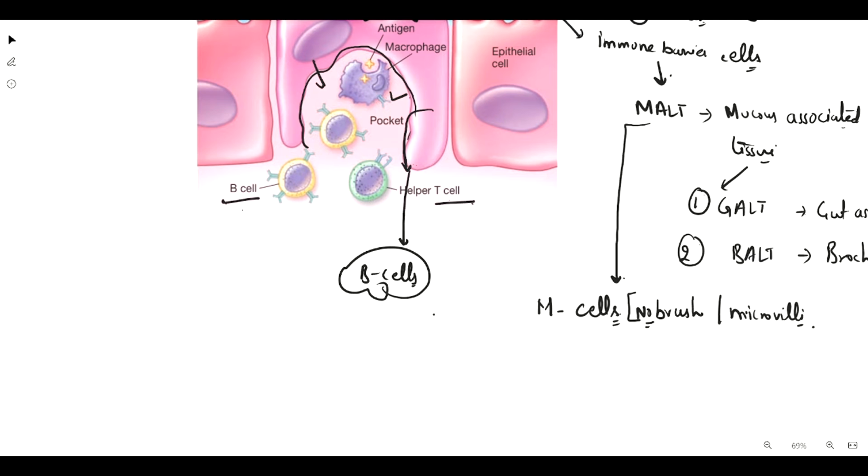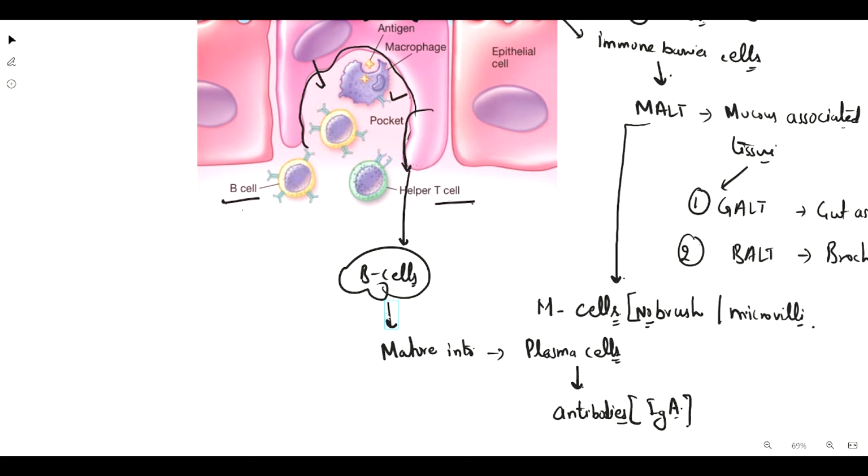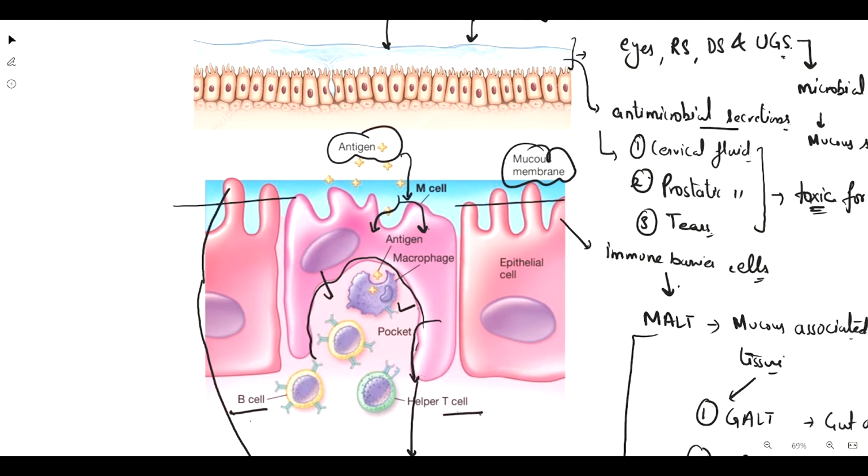These B cells mature into plasma cells, and these plasma cells produce specialized antibodies, IgA. These antibodies are secreted from the tissue to the gut area.